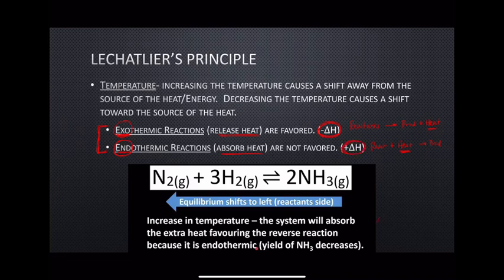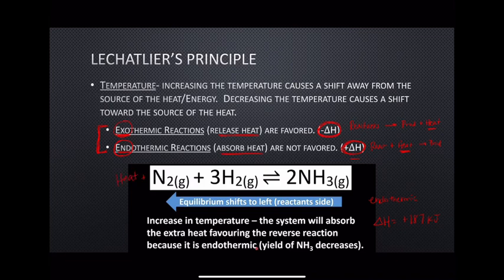Now, let's take a look at this reaction. It's not listed on here, but the delta H of this reaction is positive 187 kilojoules. So because it has a positive delta H, we would say that this reaction is endothermic. So what that means is that the heat is on the left side.